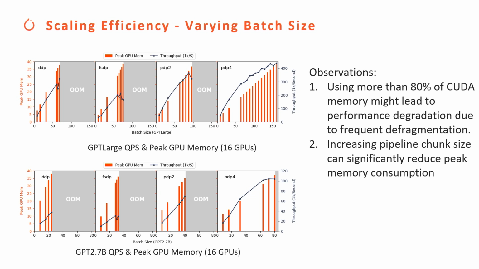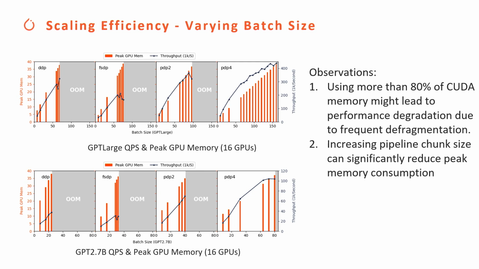There are two observations here. First one, it is not always better to increase the batch size. The throughput can start becoming unstable when using around 80% of the GPU memory. This is because when operating near GPU memory capacity, it can lead to frequent defragmentation.